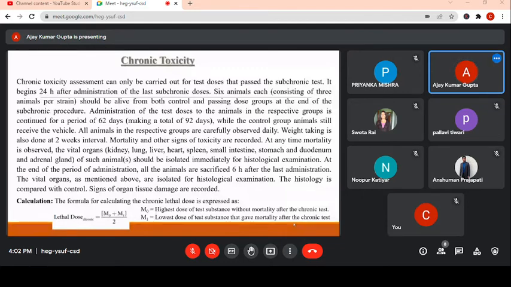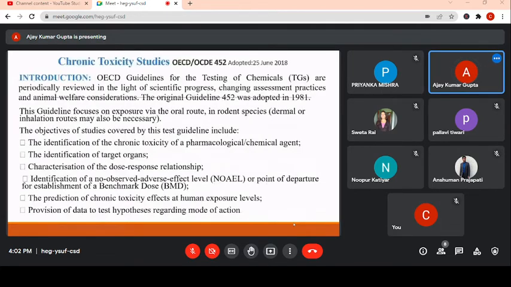So this is a very simple stepwise method by which practically you can perform during your research work. This is mandatory to most of the scientific studies, and this is particularly more explained on the basis of the OECD guidelines, which are also there in your syllabus.